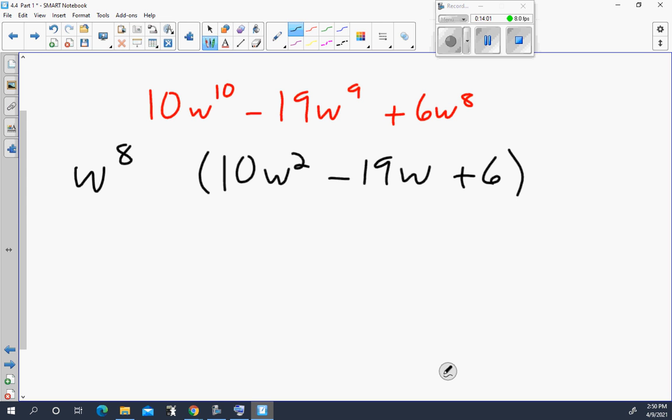And then we have this thing in the parentheses where it's not that easy to factor. We have to do the slide, divide, and bottoms up. Okay, so slide that over. What's left? Just w squared minus 19w plus 60.